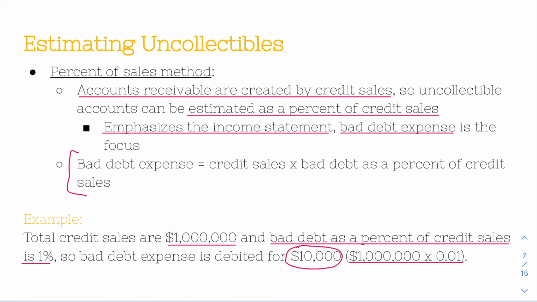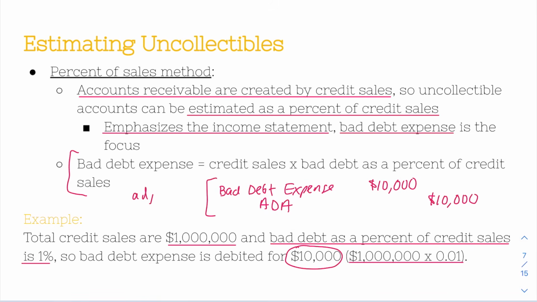So that would be bad debt expense is going to be debited for $10,000, and allowance for doubtful accounts is going to be credited for $10,000. And that is your adjusting entry.